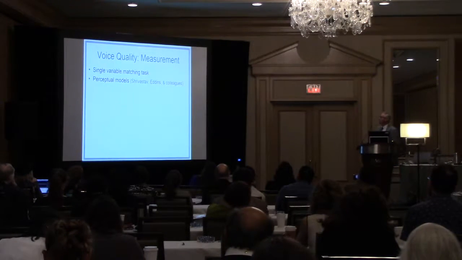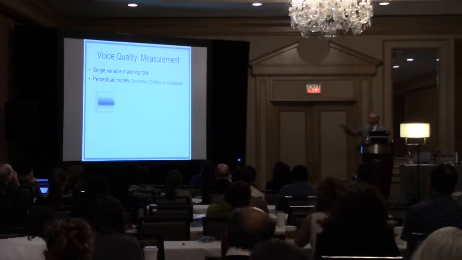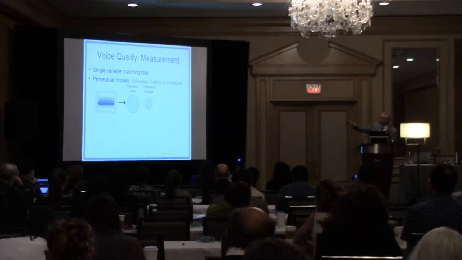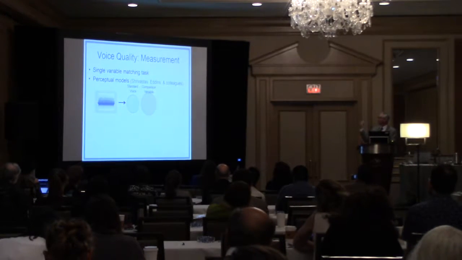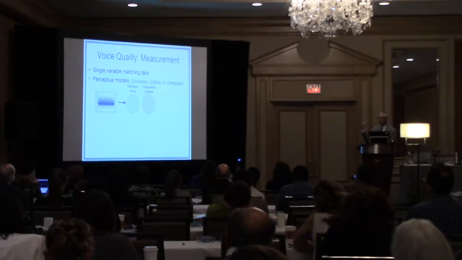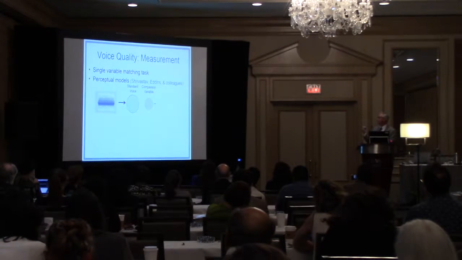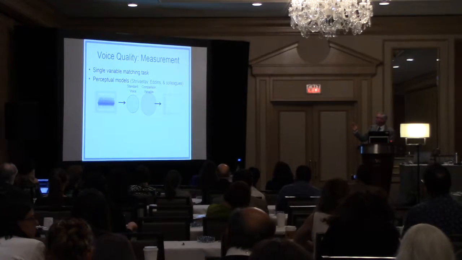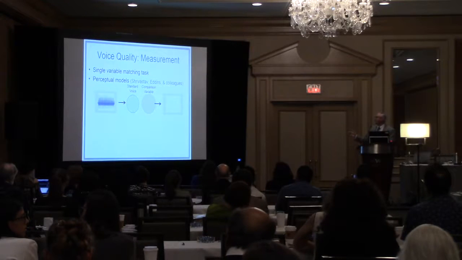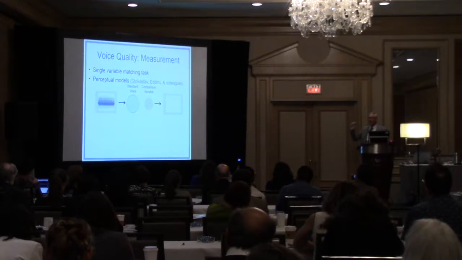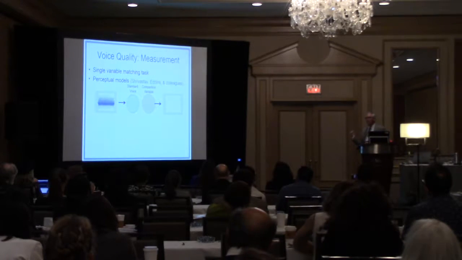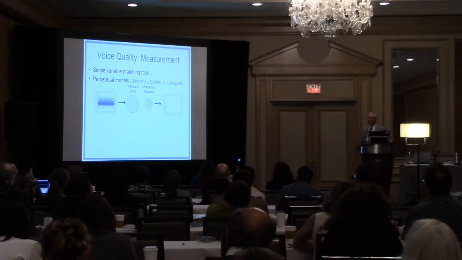And so we also often use a single variable matching task, which allows us to play an acoustic signal, the voice that we're interested in, and some comparison, and we vary some single variable of that comparison sound until it matches the voice of interest. Now we have a comparison that is known, has acoustic properties, and we can use it and its units to try to quantify that standard voice.